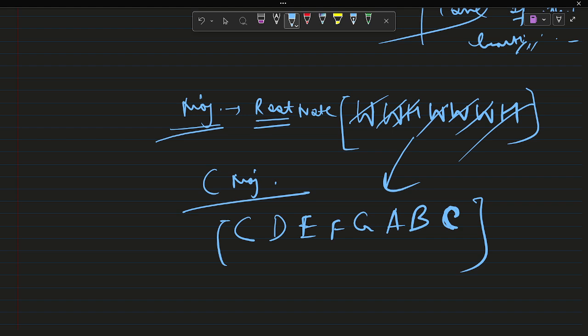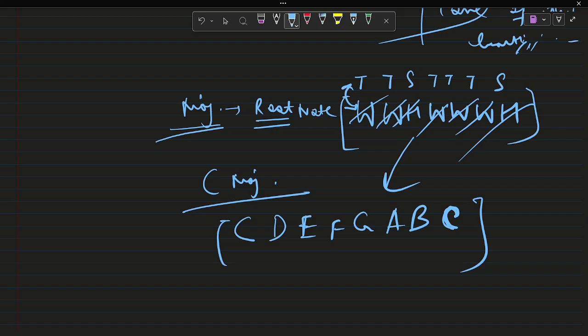But I see that some people also use this formula: tone, tone, semitone, tone, tone, tone, semitone. So for whole step, they use the term tone, and for half step, they use the term semitone.